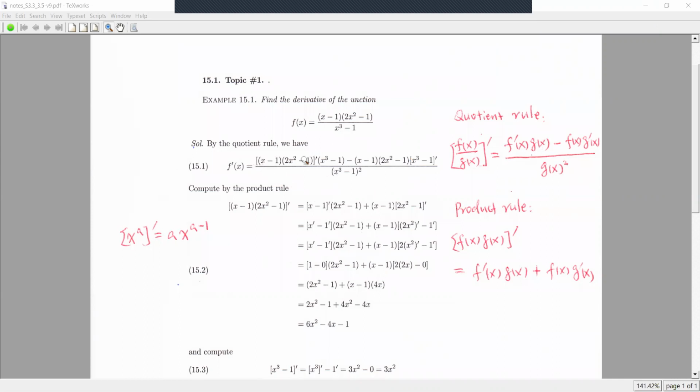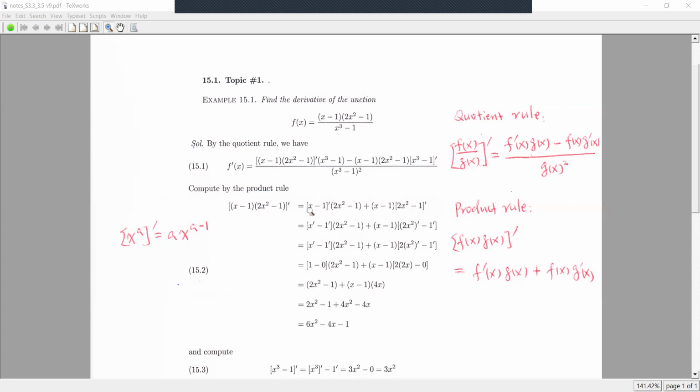For this derivative, because the function is a product, I use the product rule. By the product rule, it is the derivative of the first function, x minus 1, times the second function plus the first function times the derivative of the second function.